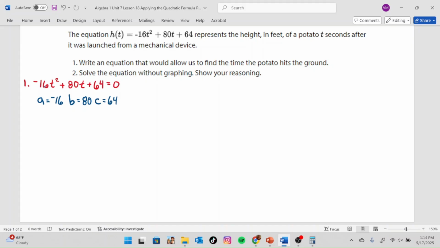Now we can fill in the quadratic formula. This will be t equals negative b, which is 80, plus or minus the square root of b, which is 80, squared, minus 4 times A, which is negative 16, times C, which is 64.